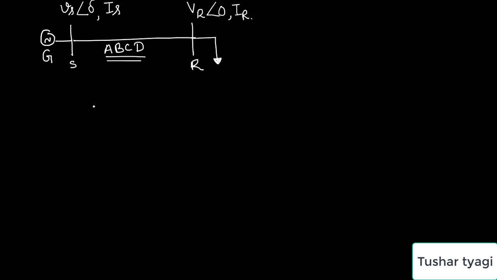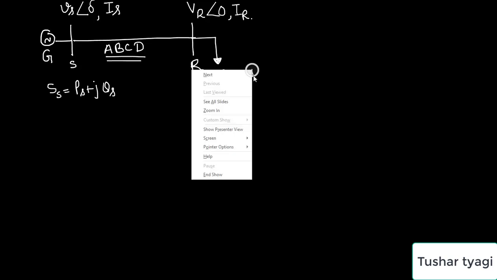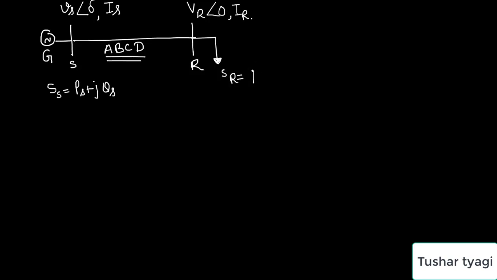As we all know, for a transmission line, we can assume that the sending end apparent power SS is equal to PS, the active power, plus j times QS. The load side power, SR, is equal to PR plus j times QR, which must be equal to VR IR conjugate.